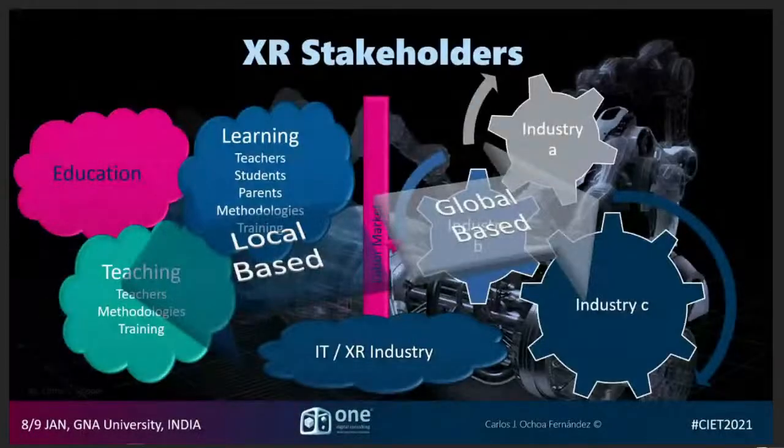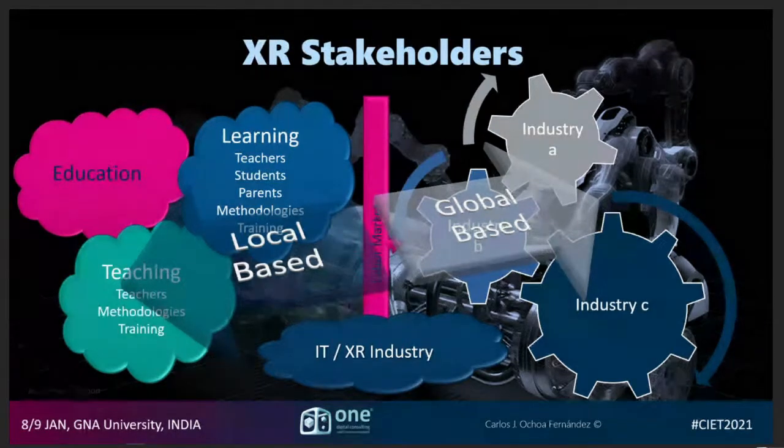So we need to close the gap, and we need to understand how this ecosystem is working right now. And we have to put all the stakeholders together, because the industry is global. The different companies are working with the same methodologies and the same profiles and looking for the best solutions all around the world with a global vision, making the best product for all the companies around the world.